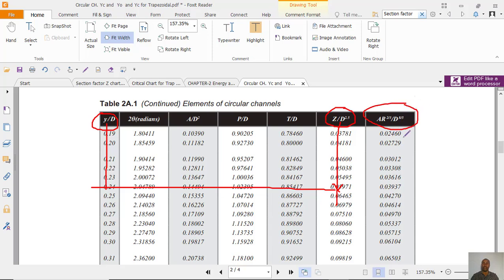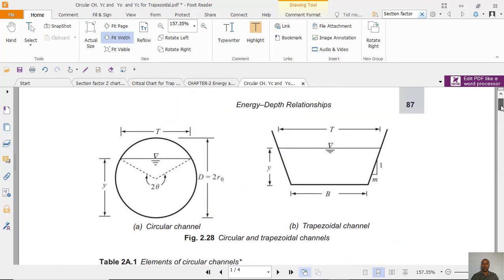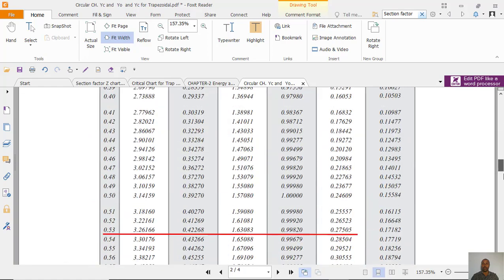You can apply this column. So for the trapezoidal section, you have this, and for the circular section.